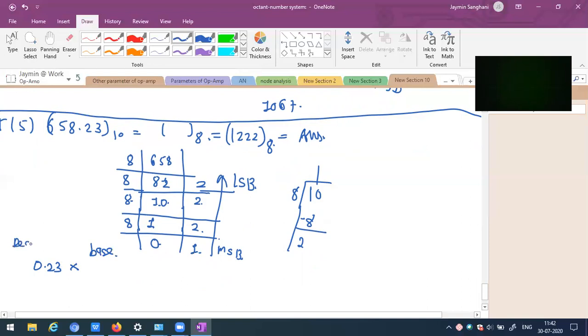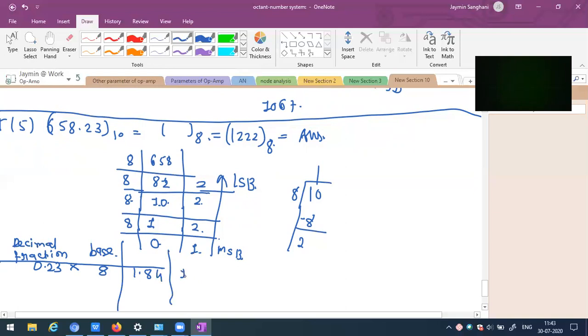Here we consider the decimal fraction, which is multiplied with the base. See, base is 8. So what is 0.23 multiplied by 8? Answer is 1.84.